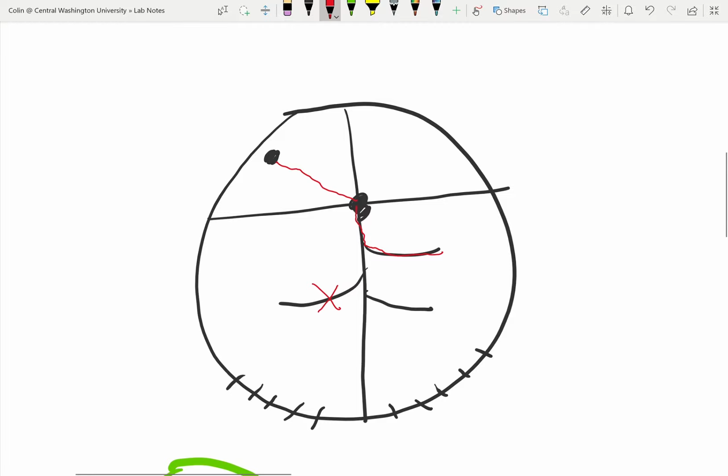One of them is going to be delayed a little bit because there's no more electricity coming out of the right bundle branch, right? The right bundle branch is not telling the right ventricle to beat. And so what ends up happening is the electrical signals from the left bundle branch, from these guys over here, actually have to go through the heart tissue.